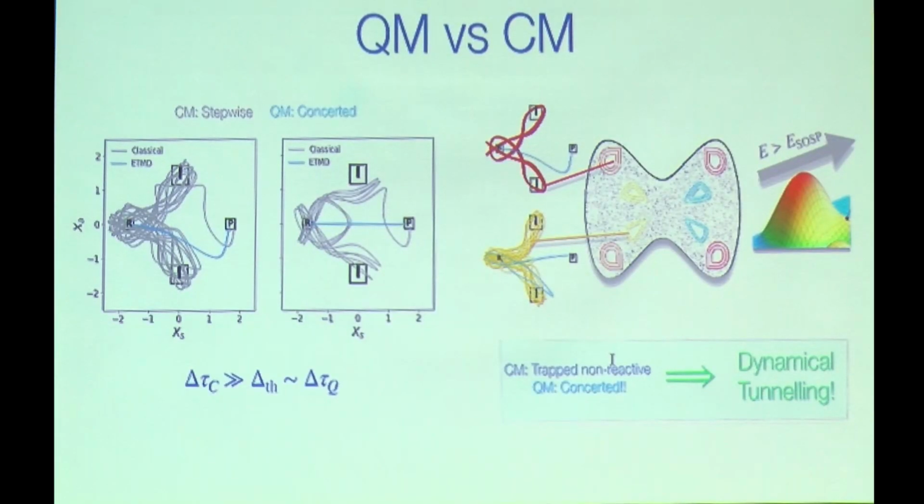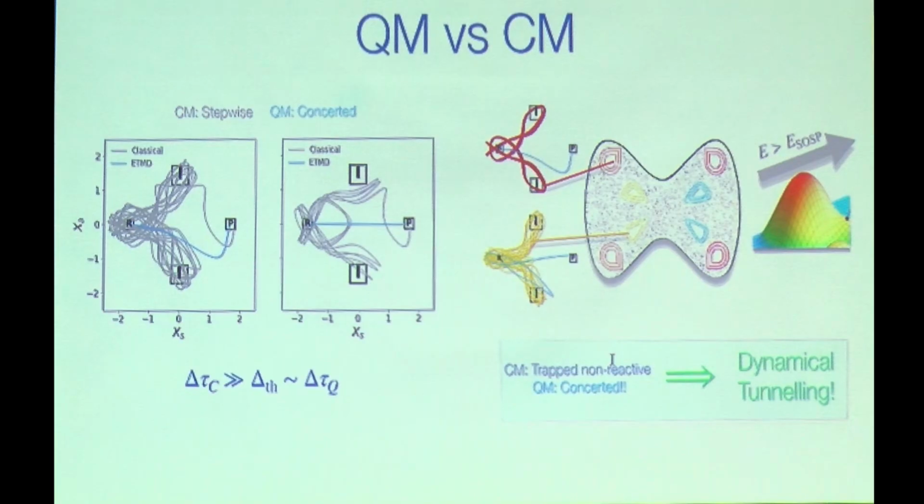So we said, why do we see these kinds of trajectories? What is happening? The threshold time for classical is much larger than the threshold time that we have taken, but the quantum is almost close to the threshold time, or much smaller. It turns out these regular islands that I showed you, if your initial condition happens to be here, in the reactant part of the phase space, you would be trapped.